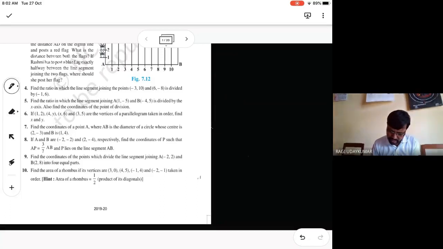So next let us move to the ninth question. Find the coordinates of the points which divide the line segment into 4 equal parts. Here point A and B are given. How many points will divide the line segment into 4 equal parts?